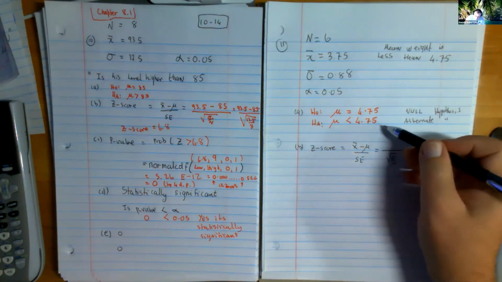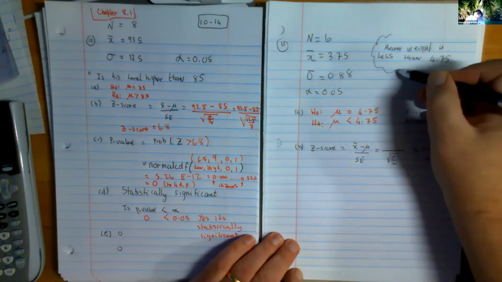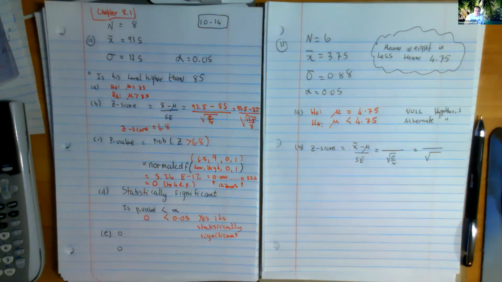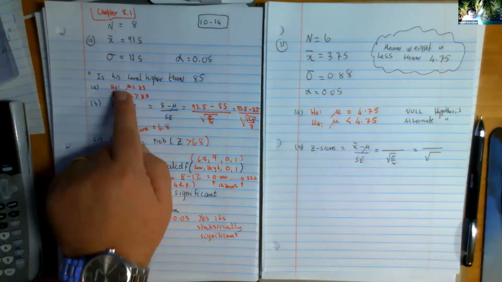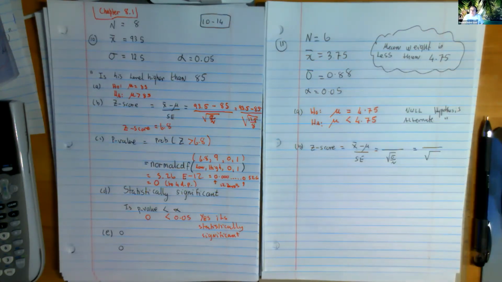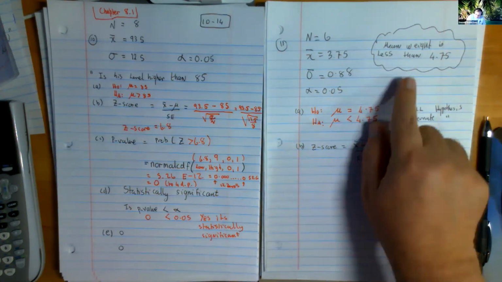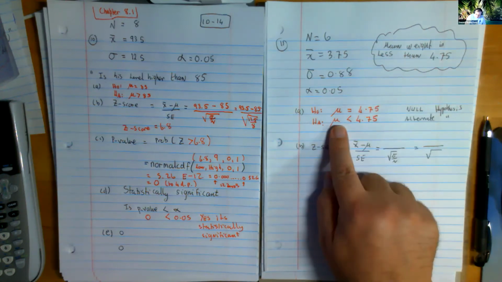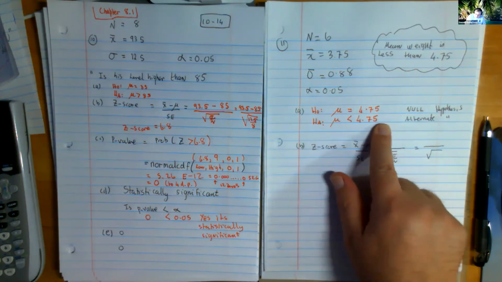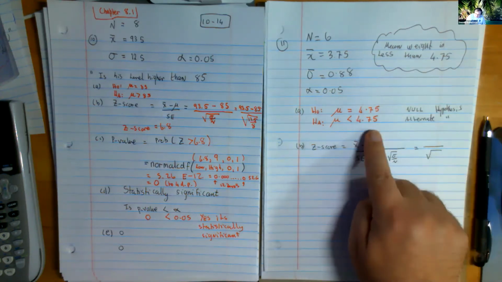The alternate always comes from this story. You're going to be asked, is there enough evidence to prove this is bigger than that, this is less than that, this is not equal to that. In this case, less than 4.75. So the mean is less than 4.75. That's the alternate, the thing we're trying to prove.